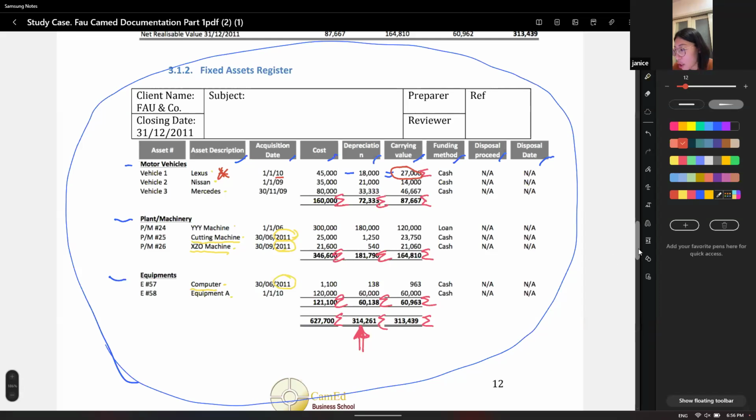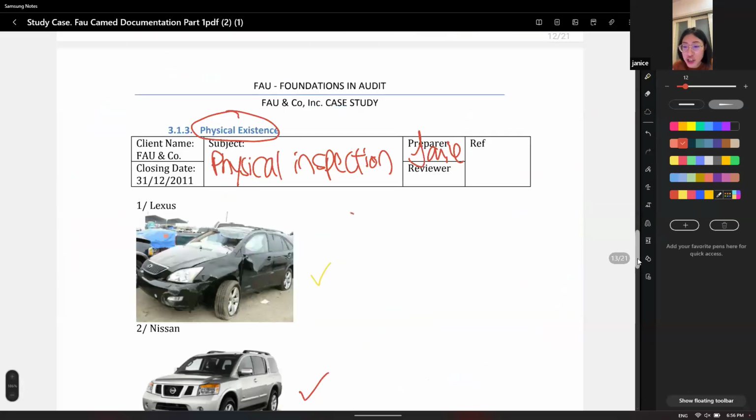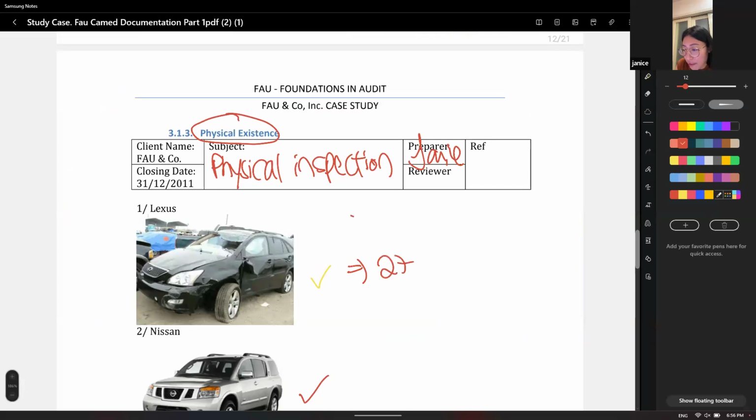By looking at the car in its current condition here, is this car worth $27,000 for you? No, right? It looks quite in bad shape. I think this car is maybe worth less than that. I don't know, I'm not good with car evaluation, but it doesn't seem to be very high. Probably less than 10,000.